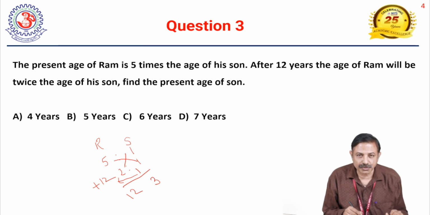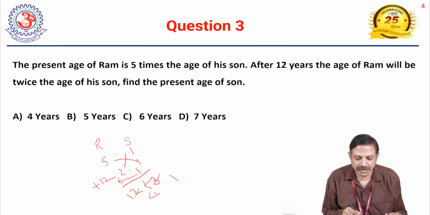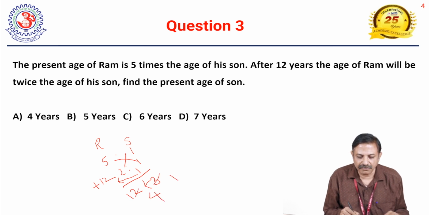If it is minus 12 or plus 12, you need not worry about it. So 1 into 12, 12. So finally 3 parts equal to 12 parts. 3 ones are 3, 3 fours are 12. If you want the age of Ram, that is 5 into 4. If you want the age of son, that is 1 into 4.